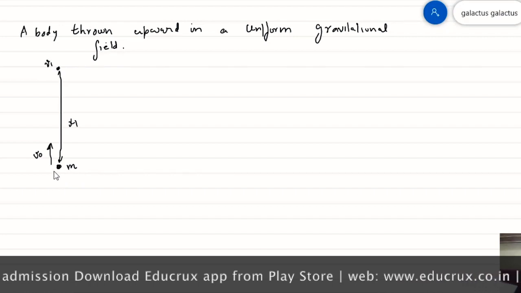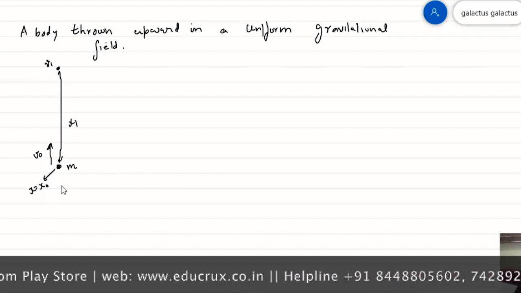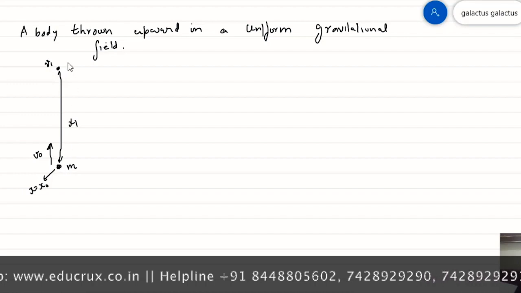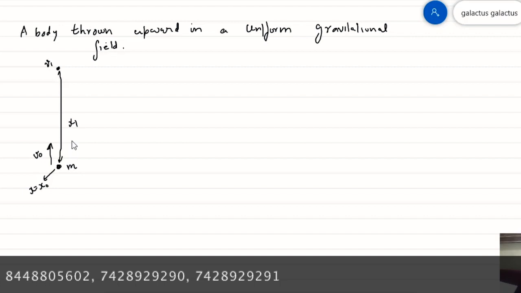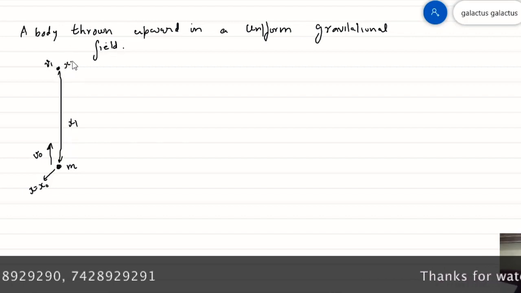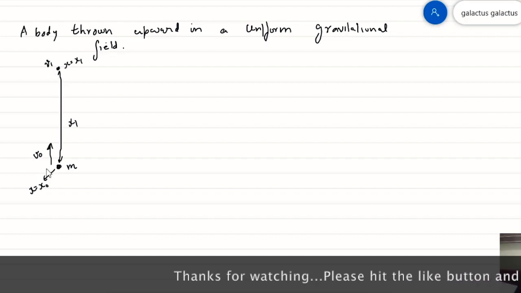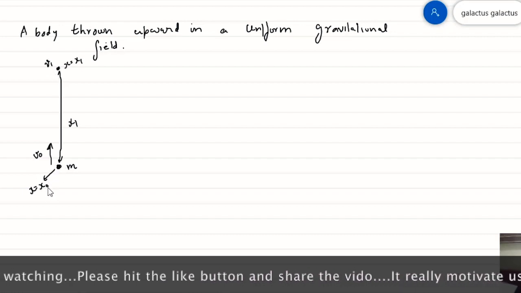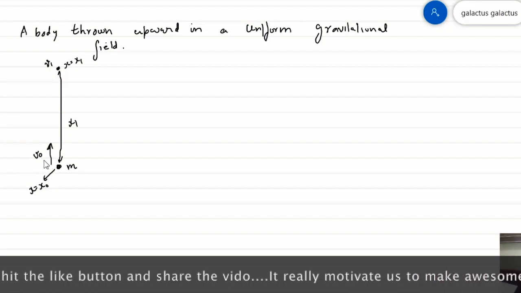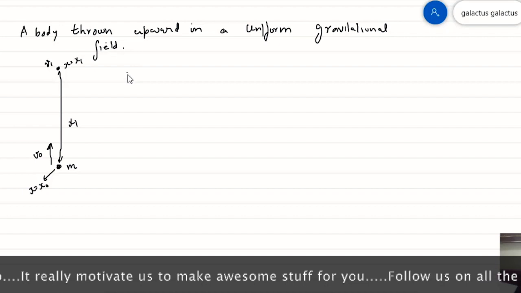So if I start the motion from x is equal to x naught, and at any instant, let's say at x is equal to x1, the velocity of the particle is v1.